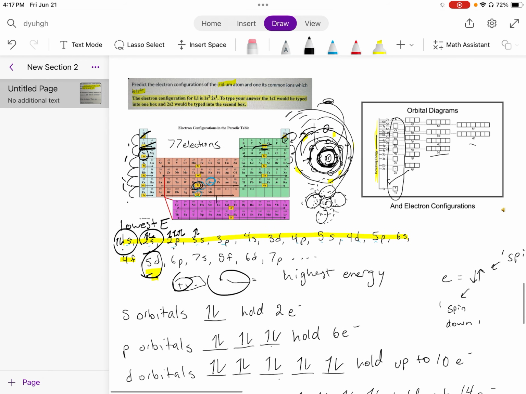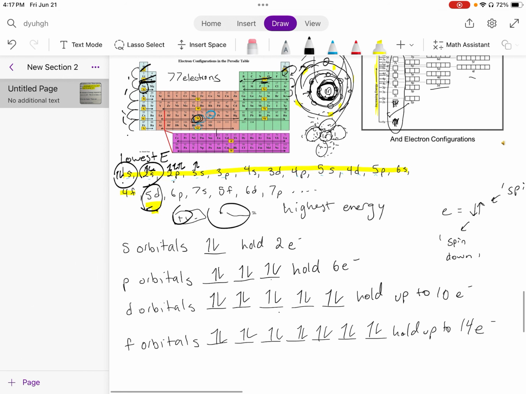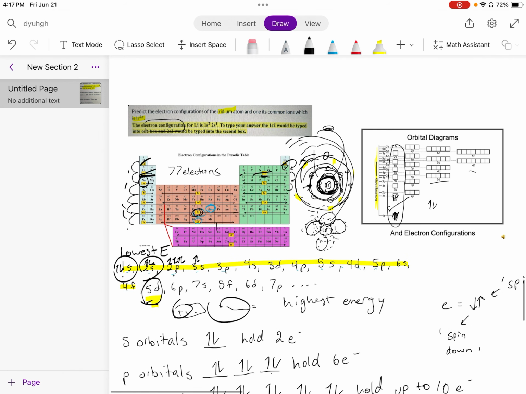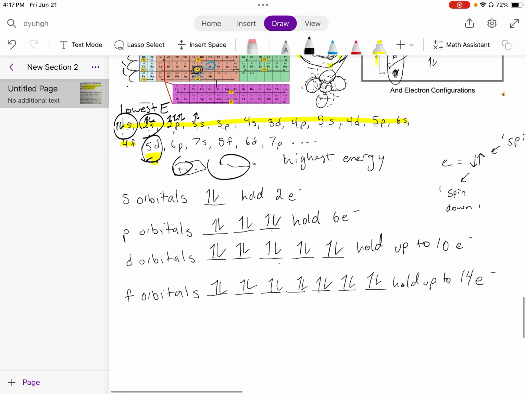Okay, so now that we've had some practice drawing in each electron, it's asking us for the electron configuration, which is basically the same thing, but in words, not arrows. Like I said, you have to type, and you can't just draw them in these boxes.